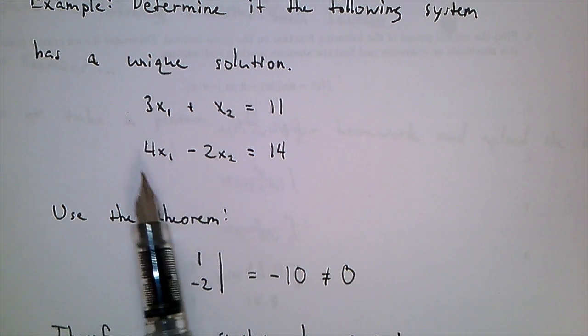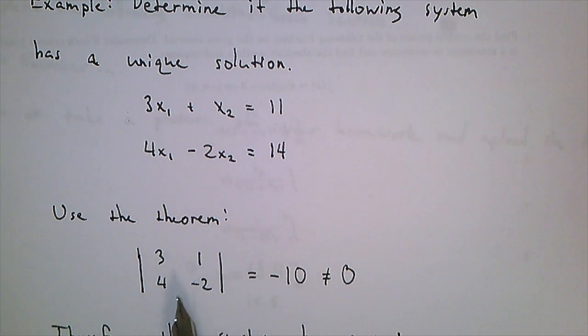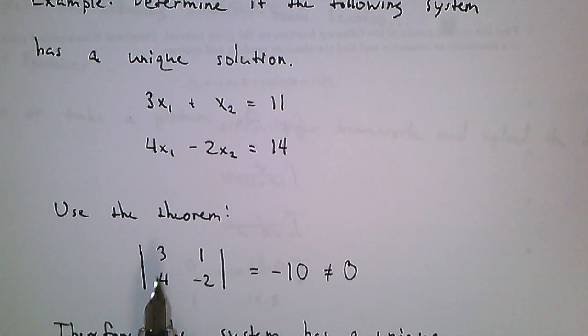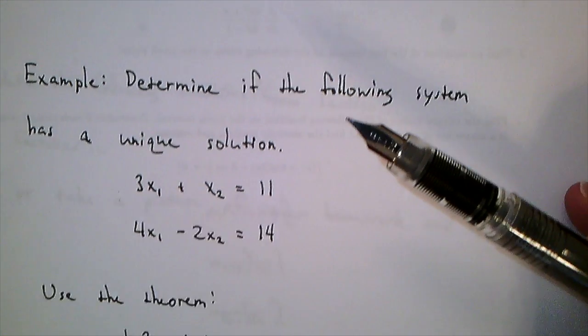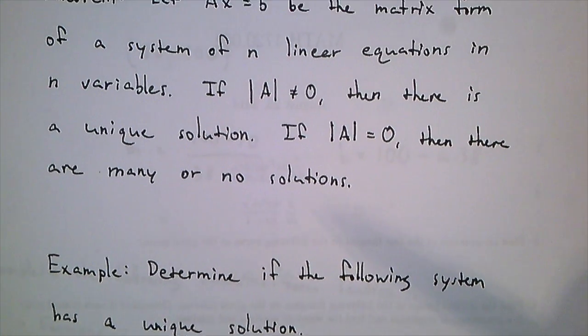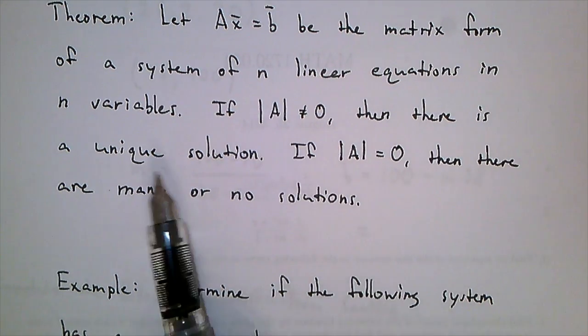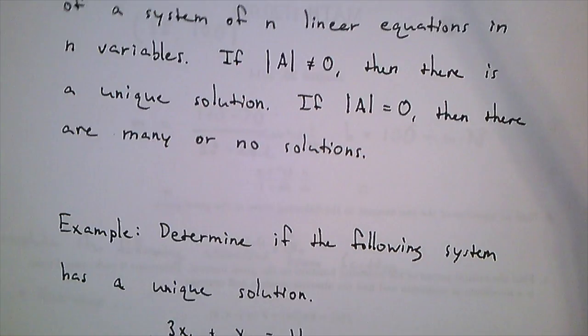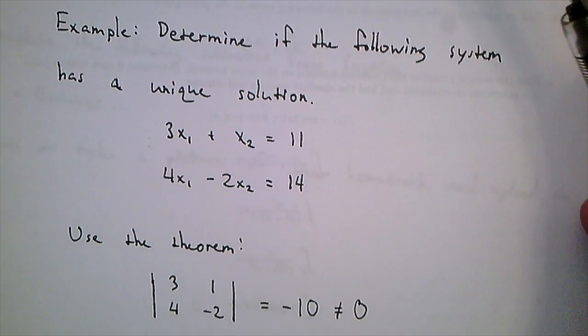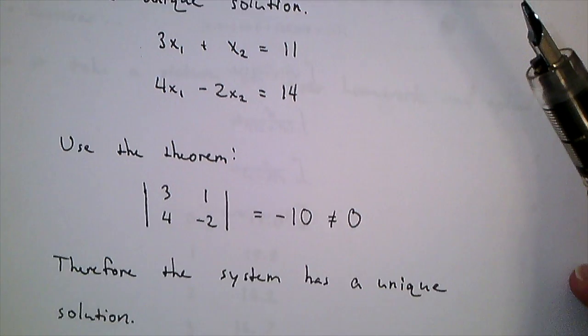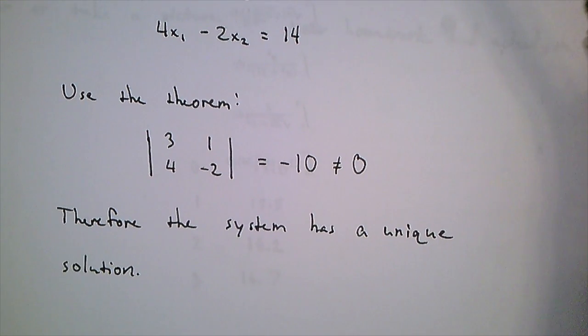So our matrix is 3, 4, 1, minus 2, as I've written. And then to compute the determinant, you do 3 times minus 2, minus 1 times 4, and you get minus 10. And minus 10 is not 0, so we go up to the theorem and see which part applies. If the determinant is not 0, then there's a unique solution. So that's our conclusion in the example. For this system of equations, there is a unique solution.